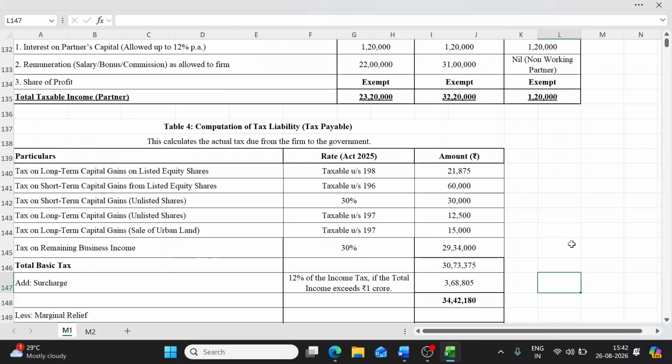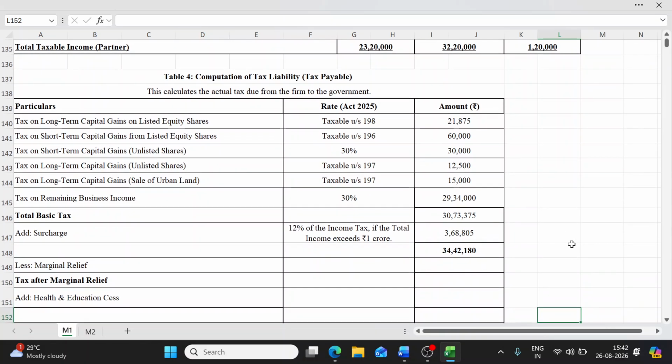That's why there is no need to calculate the marginal relief. There is absolutely no need to calculate the marginal relief. And in the exam, I'll advise you, if the extra income over threshold limit is more than the figure of surcharge, then there is no need to calculate the marginal relief.